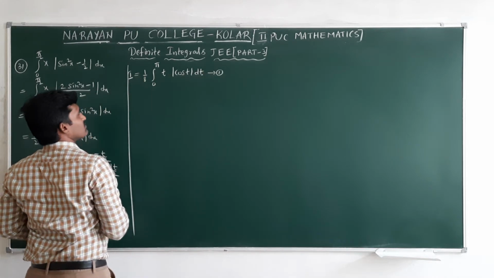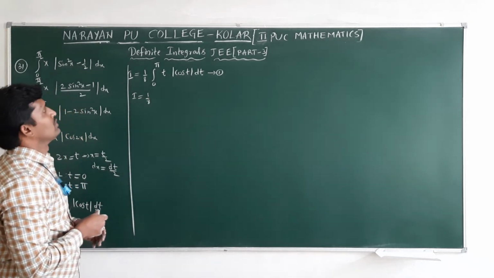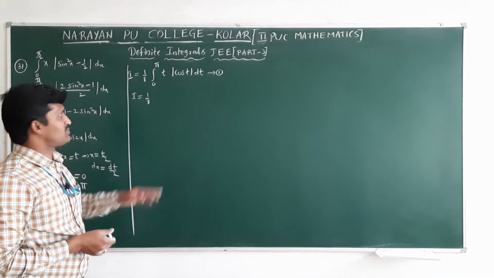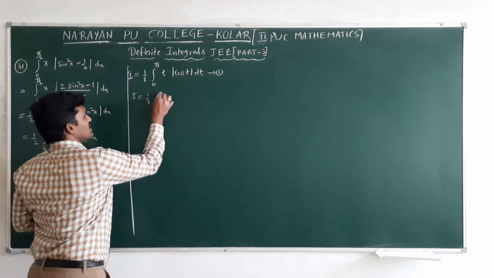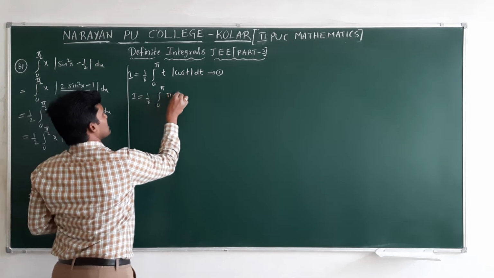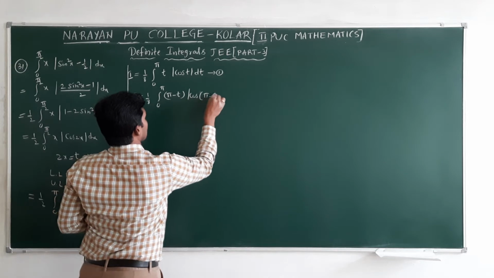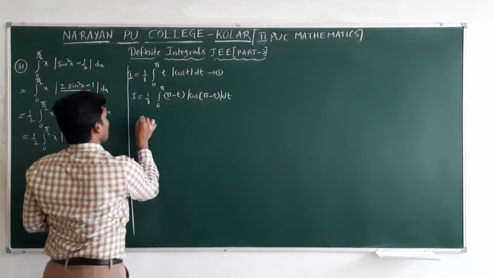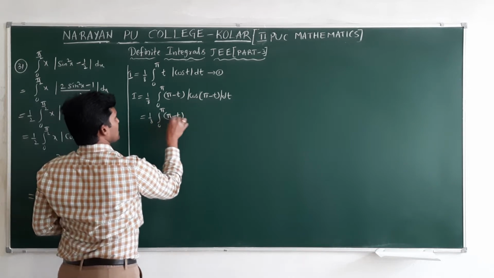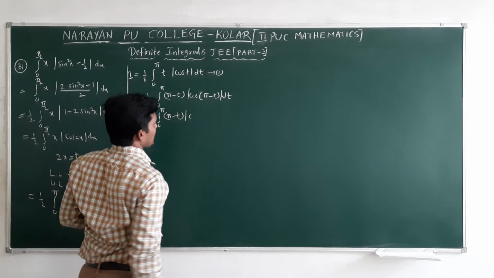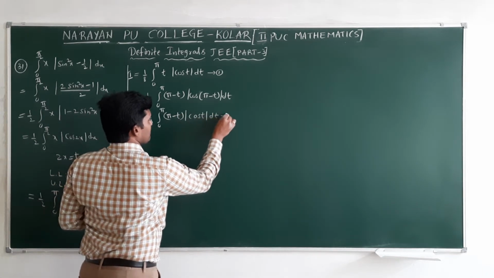Now I will apply the property integral 0 to a f of x dx equal to integral 0 to a f of a minus x, because we need to eliminate this t, then only can we integrate this. This is integral 0 to pi of pi minus t into modulus of cos of pi minus t dt. 1 by 8 integral 0 to pi of pi minus t, modulus of cos 180 minus theta is minus cos theta, but since modulus is there, it will become cos t only.